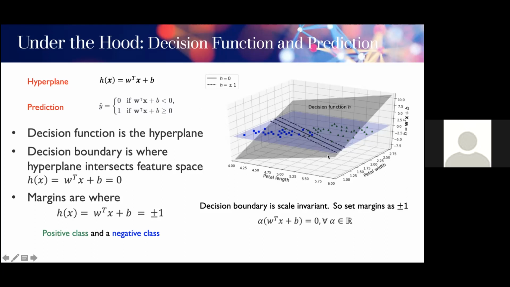It doesn't matter how much I turn it, my decision function itself does not change. However, my margins will be different. So during the specification, Vladimir Vapnik and Corinna Cortes just took advantage of that and fixed the margins such that the hyperplane is equal to +1 or -1, which gives you one single plane.